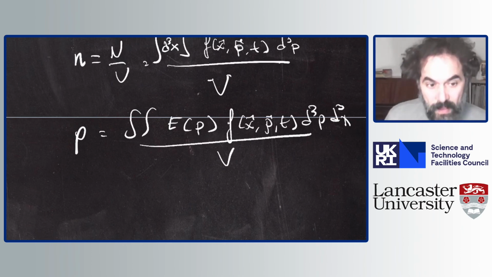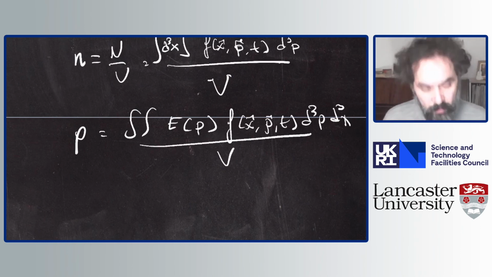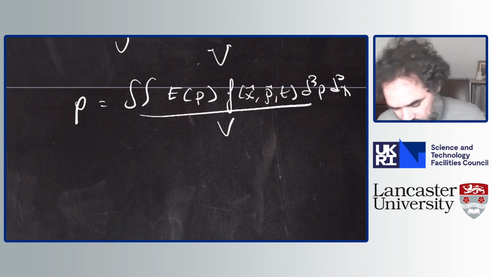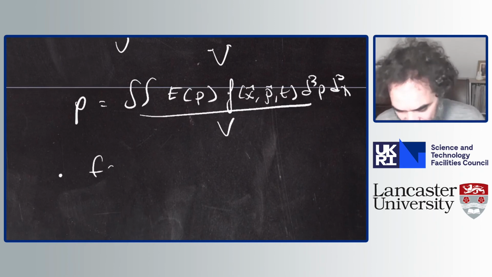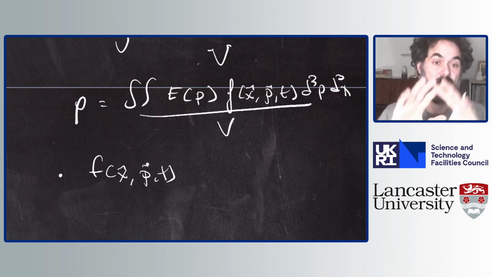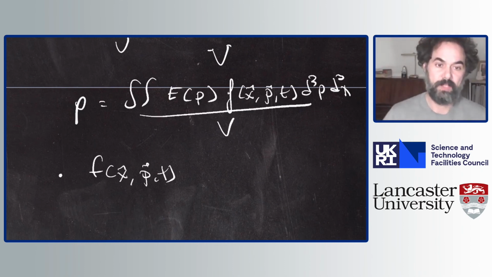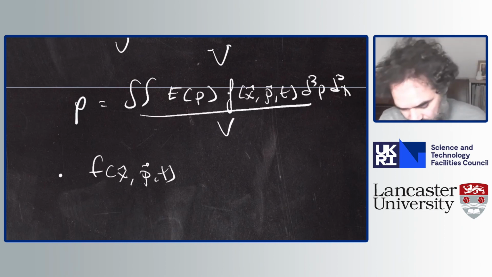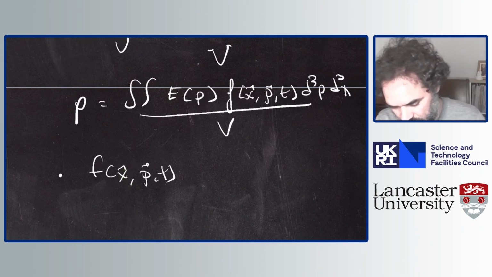But if we are having an equilibrium configuration, we know from thermodynamics that the distribution function first is not going to be space dependent, because we assume that the universe is homogeneous and isotropic. So you can forget about this space dependence here. So let me cross it.